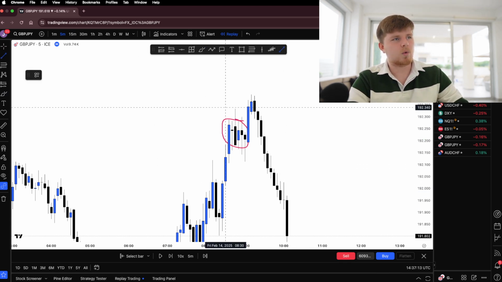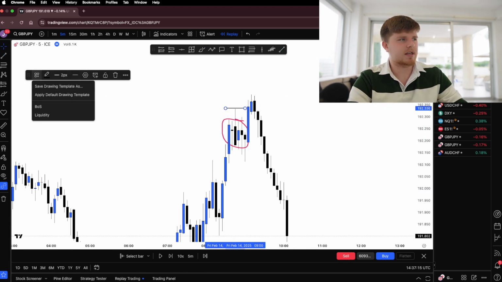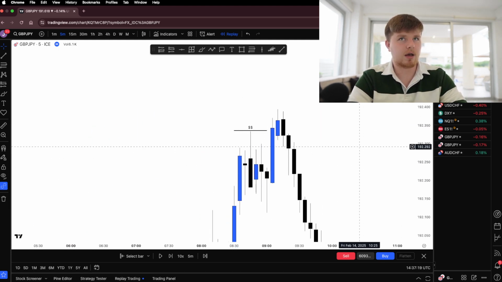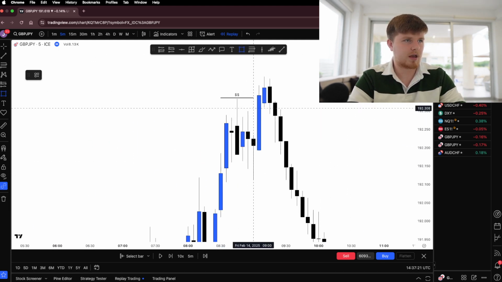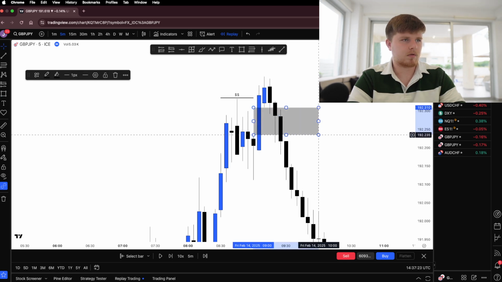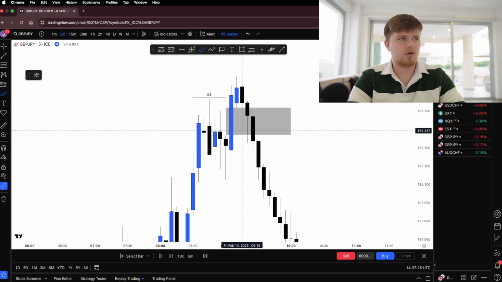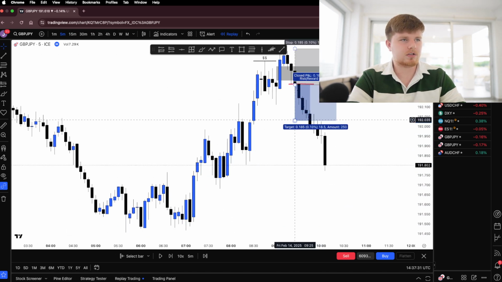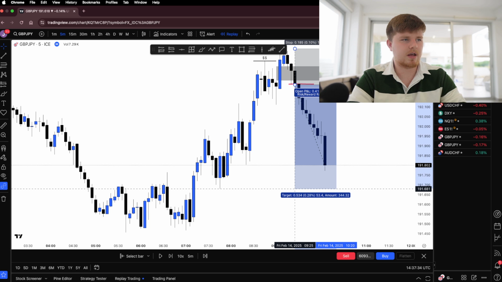We then have a quick manipulation to take out this liquidity here. And in that manipulation phase, we form a fair value gap right here, okay? We then want a candle to close below it, just like this, where we enter our trade and we target the start of the big move, which was down here.